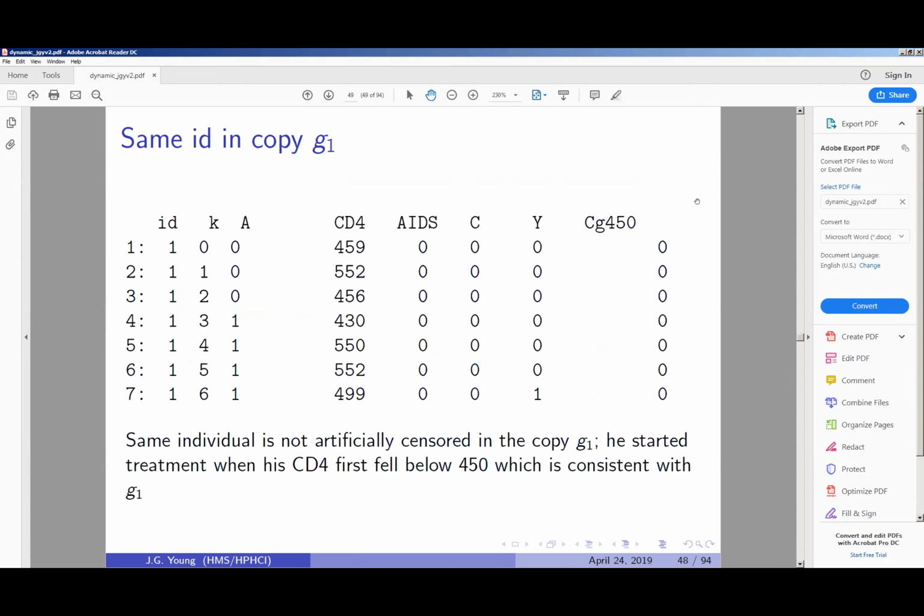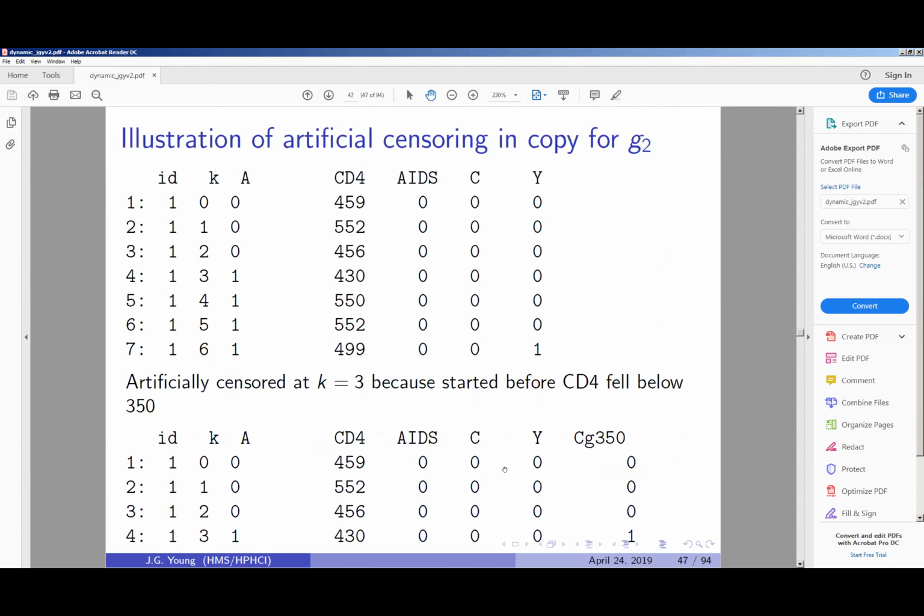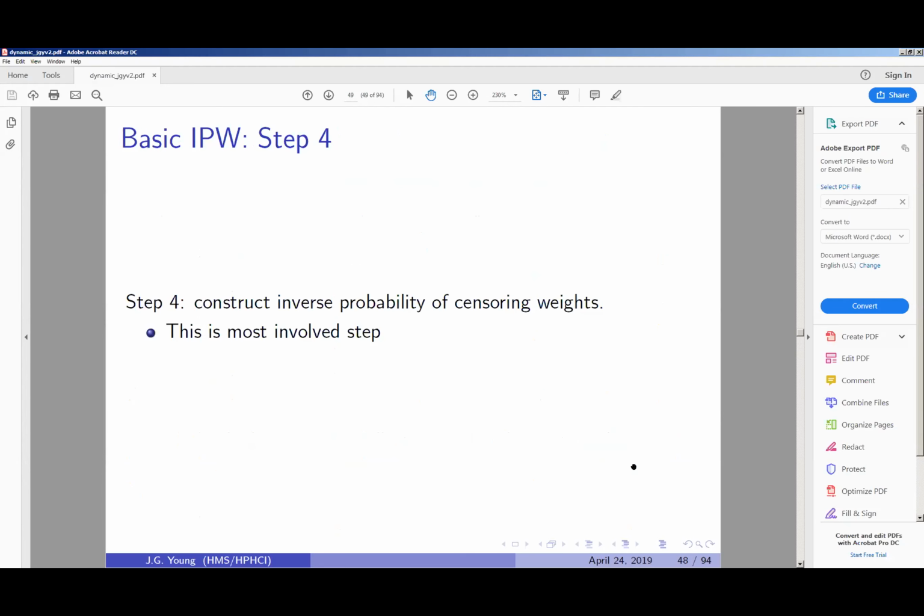So let me make that a little clearer. The idea is you're going to be adding a weight variable to this data set. All of these records are going to get non-zero weights. This record is going to get a 0 weight because he was censored. So now we're figuring out how to construct the non-zero weights for these records.